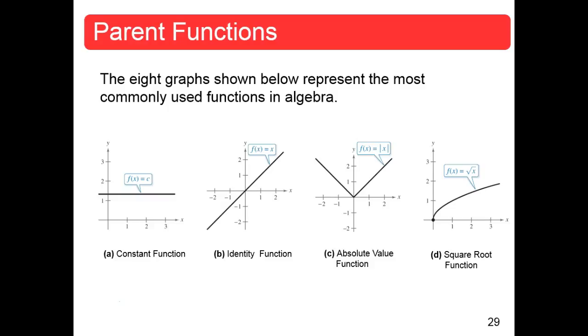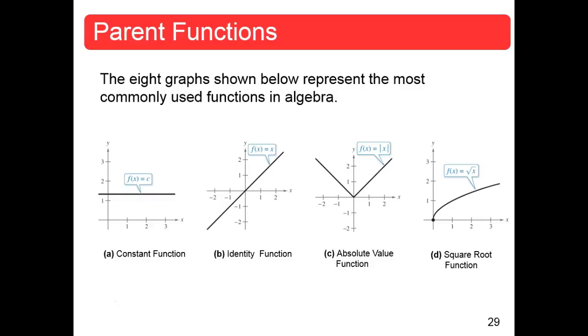The next one that's sort of straight line-ish is the absolute value function. Okay? How does it differ from the identity function? It's never negative. So where this one goes negative, this one has to go up and go positive, the opposite of that. And just as a hint, absolute value functions just about always produce a V shape.